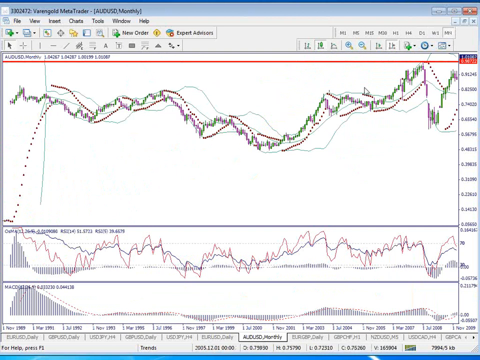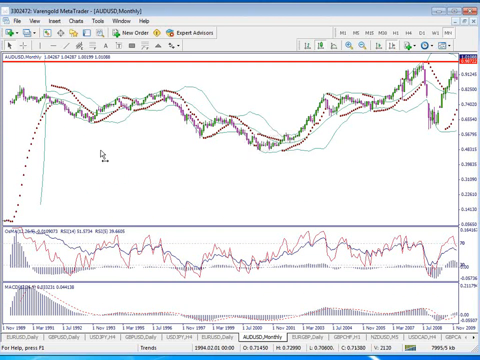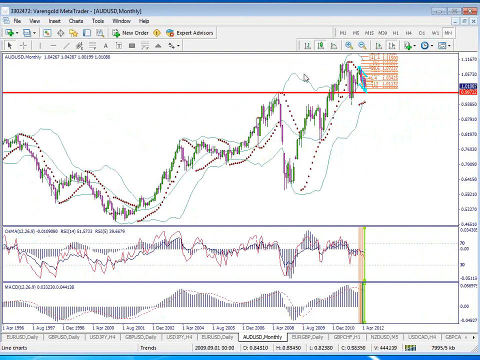We have the monthly chart. In this period, when the pair went over the parity level, we don't have anything like this in the history of the pair. So it was a good idea to use expansion to find what level will be here, what can be the projection of the pair.